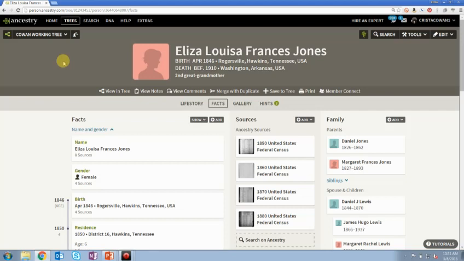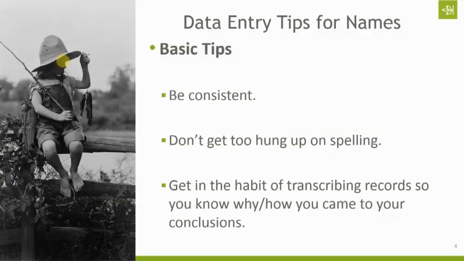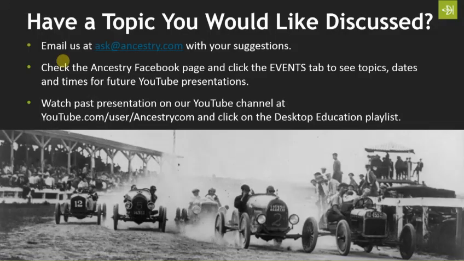But the notes are for me to keep me straight, to keep my research straight in my head, and also to help remind me about why I came to certain conclusions about the information that I entered into my tree. Because there are times, I tell you what, I come across my tree and I think, where on earth did that come from? And part of it is because I inherited a lot of my family history from others who had done it before me.